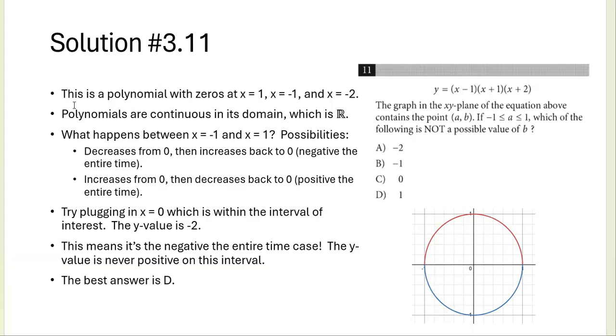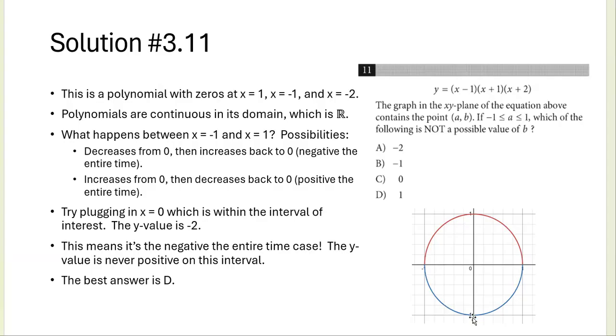So precisely because it's continuous, we can plug in some value in between -1 and 1, like x equals 0. When we plug in x equals 0, what do we get? We get -1 times 1 times 2, which is -2. So at 0, it's -2. This is -1, but pretend this is -2.